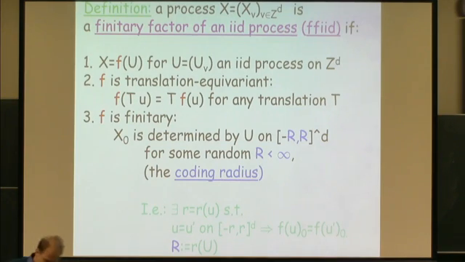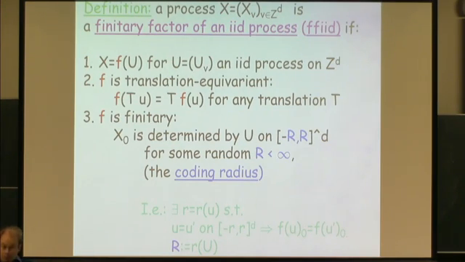And I want it to be local in the sense that if I want to know the value of X at the origin or any other vertex, then the algorithm computes that value by first of all looking at the IID label at the origin, the U at the origin, and depending on what it sees, maybe it looks at the neighbors of the origin and looks at the IID variables there, and again depending on what it sees, maybe it looks one step further, and so on.